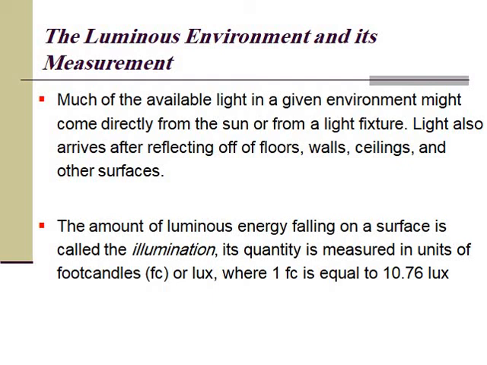It's measured in units of foot candles or lux. Lux is the SI unit of illuminance. It's equal to 1 lumen per square meter. Or you can say that 1 foot candle is equal to 10.76 lux.